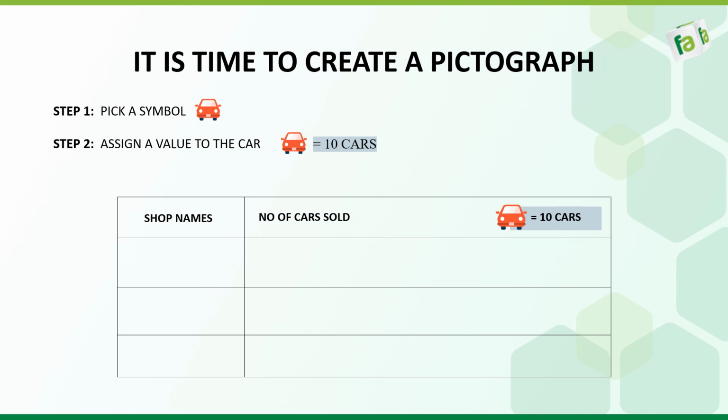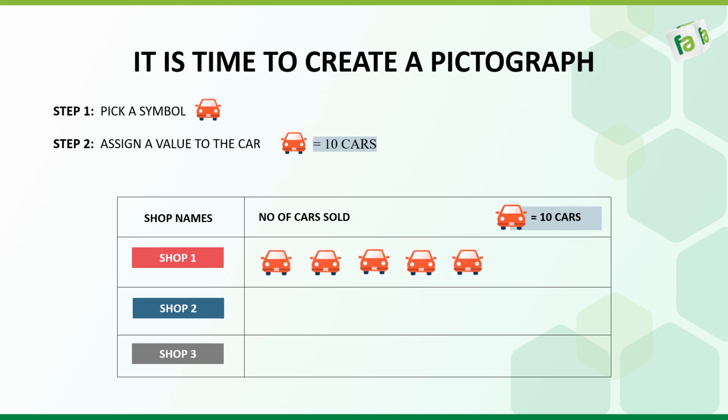Third, write shop 1, shop 2 and shop 3 representing each shop. Now fill in the table with the data using the symbols. The rows corresponding to each shop will be used to represent the data or pictures. This is how we can draw a pictograph for the above question.